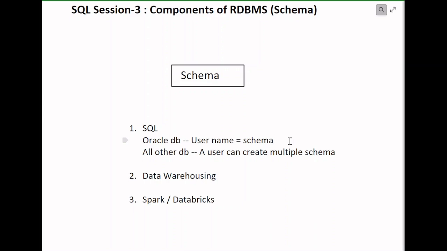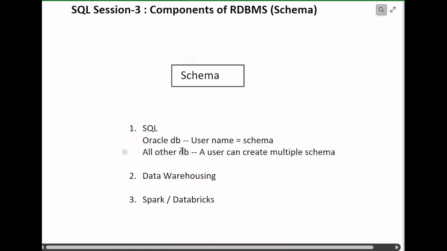For example, if there are hundreds of tables and 10 tables are related to employees, we can create an employee schema and store all the employee-related tables inside it. Similarly, we can create a department schema, HR schema, sales schema, marketing schema, or whatever based on our need. That is the use of a schema.